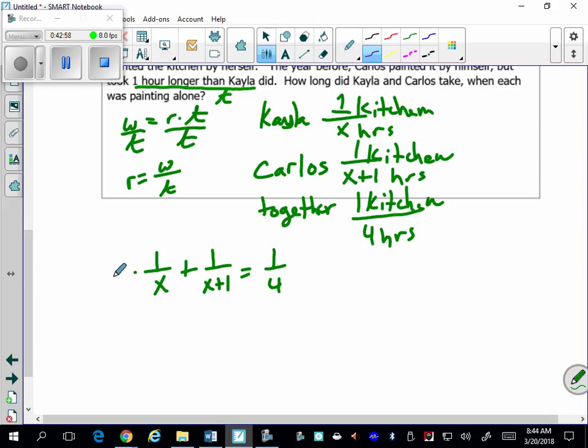I know we're going to drop them, but it helps me see that I definitely have like denominators. Second one, multiply by 4x. That's a binomial, so I put it in parentheses so I know to distribute the 4x in. And the last term, multiply by x times x plus 1.